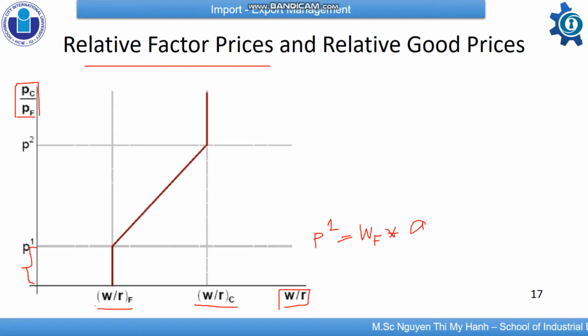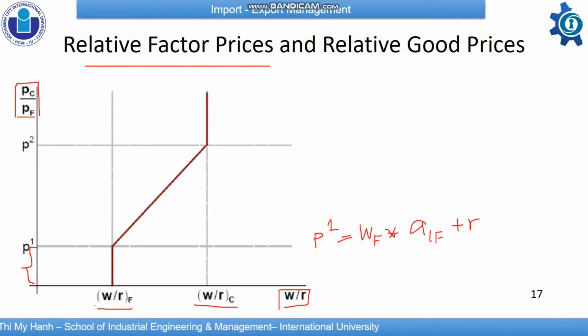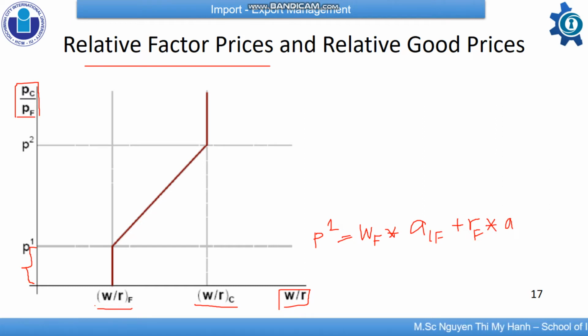times the labor they use to produce food plus the rental cost for the capital in producing food times the amount of capital they use to produce 1 calorie of food.